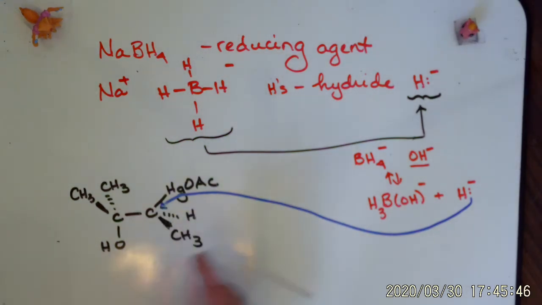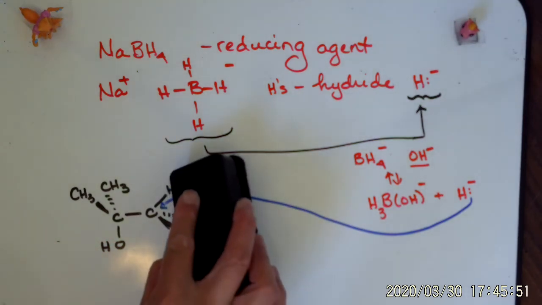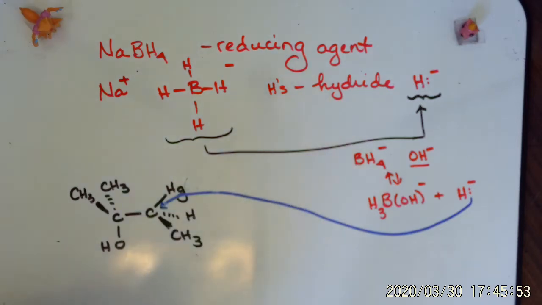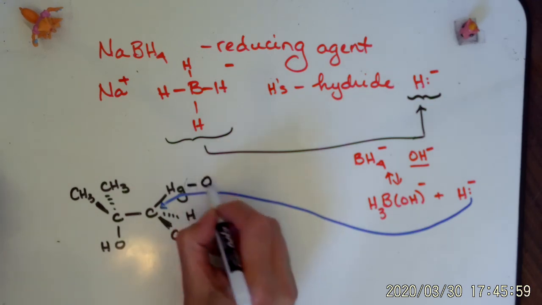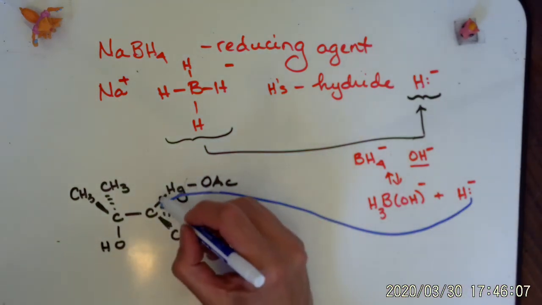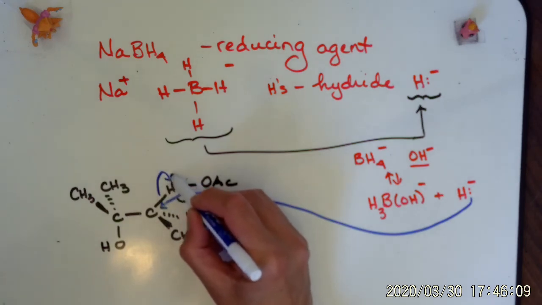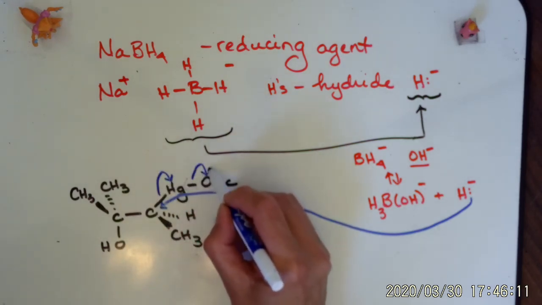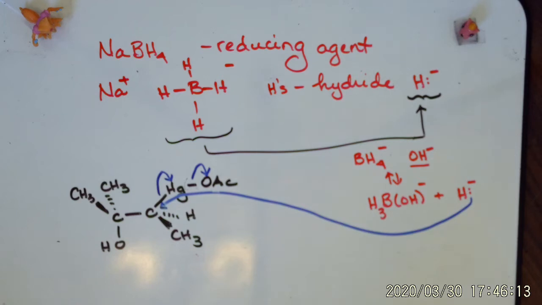When that happens, let me draw my acetate out so you can see what happens here. These two electrons come into this carbon, these two electrons go onto the mercury, and those two electrons go onto the acetate.